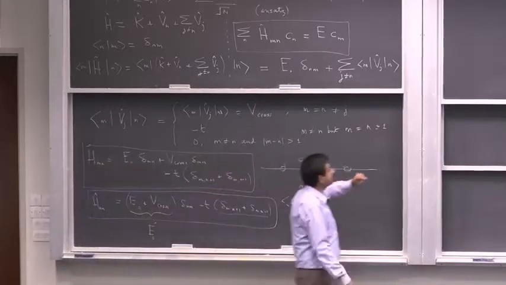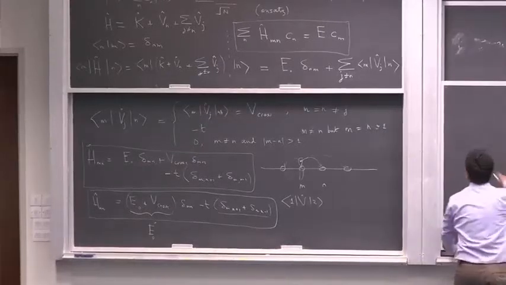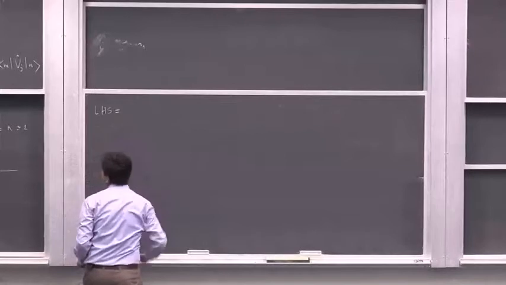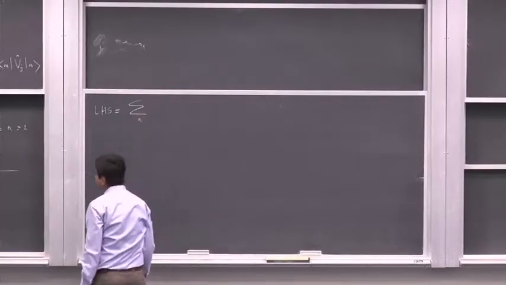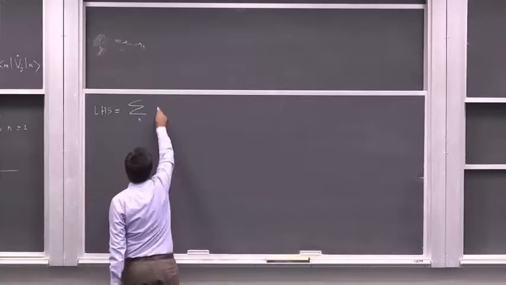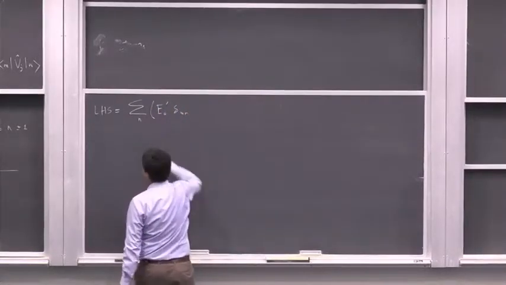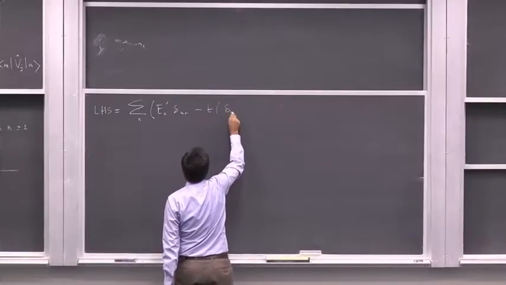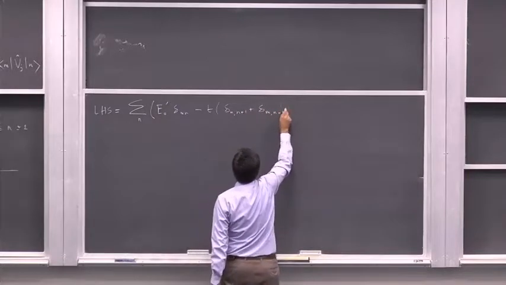So I take the left hand side of the Schrodinger equation. Sum over n of H_mn, which is E naught prime delta mn minus t delta m,n plus 1 plus delta m,n minus 1.